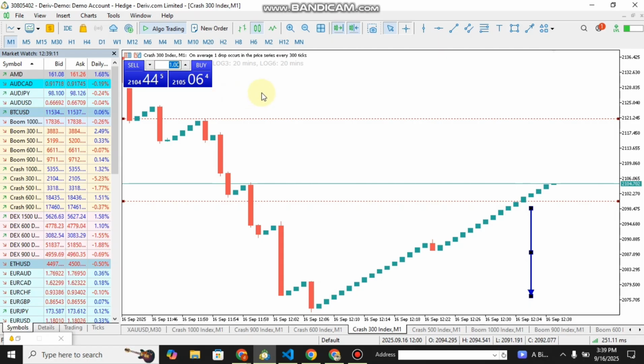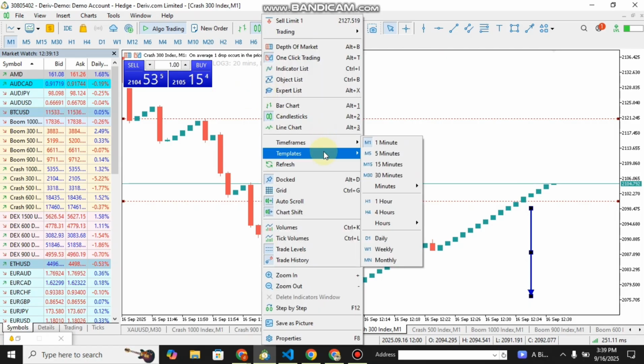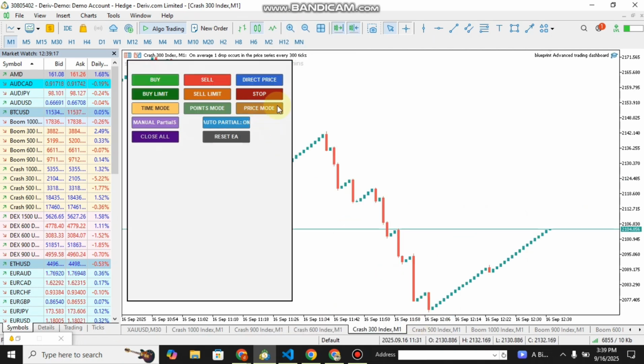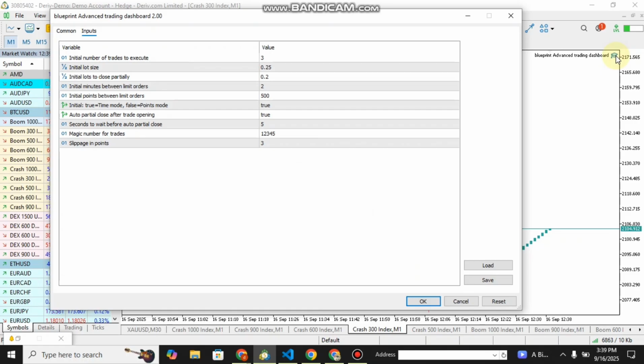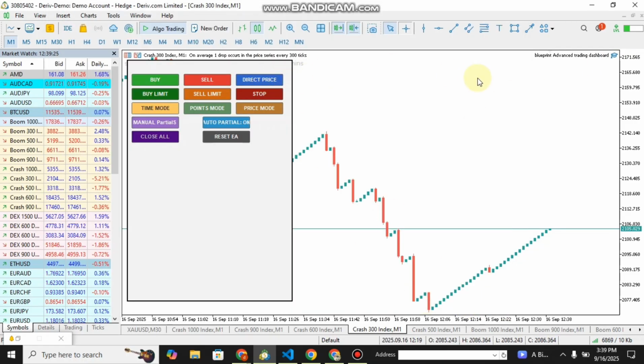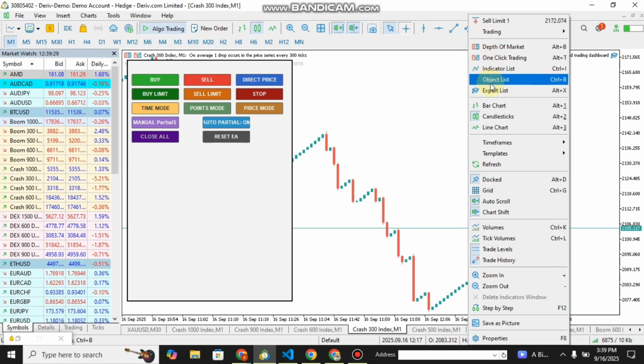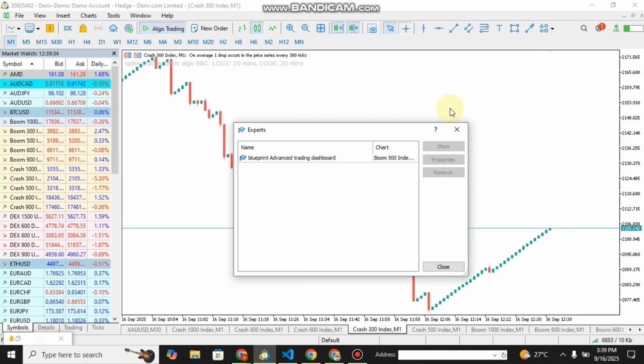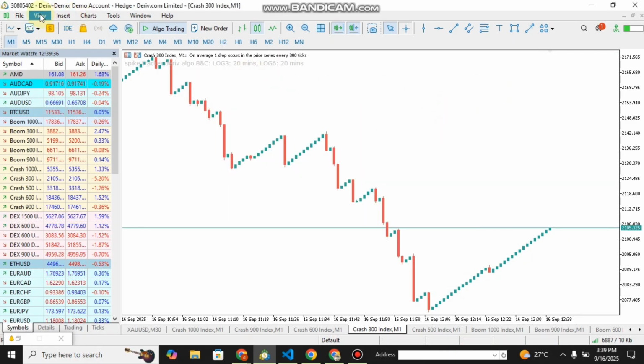And that is why I would like to introduce this. I'll just talk about it very quickly. The dashboard. Let me just put it once more.